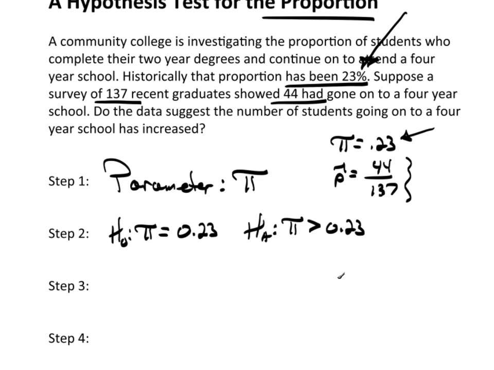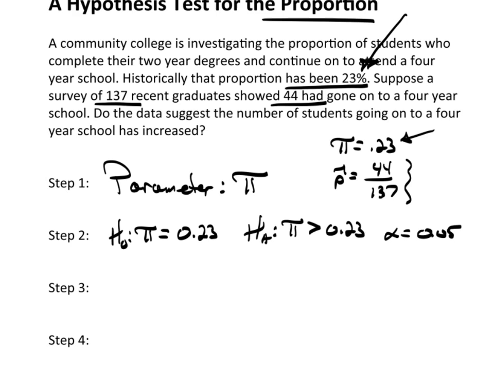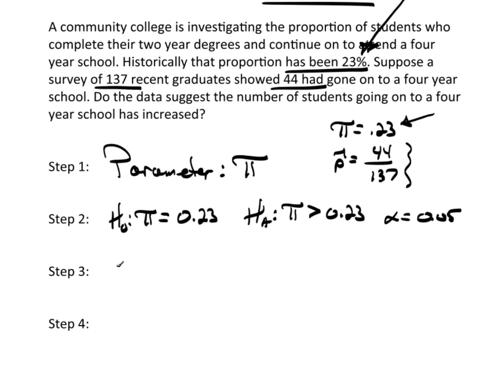Notice p hat does not show up in there anywhere. When I did the hypothesis tests for the mean and the median, the sample mean and the sample median did not show up in there anywhere. And again, it does not give a significance level, so we're going to work with 0.05. Now the test statistic is a z.